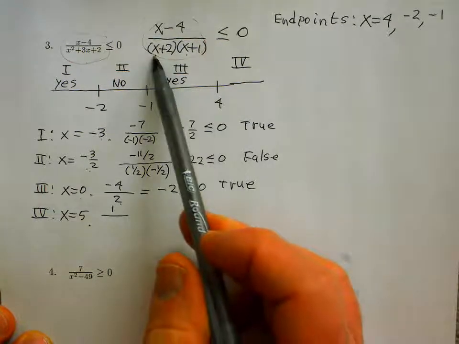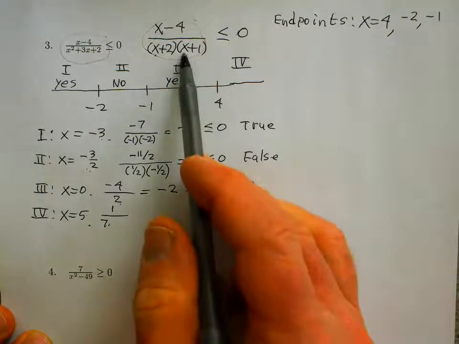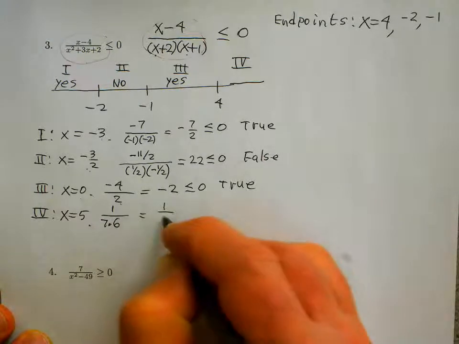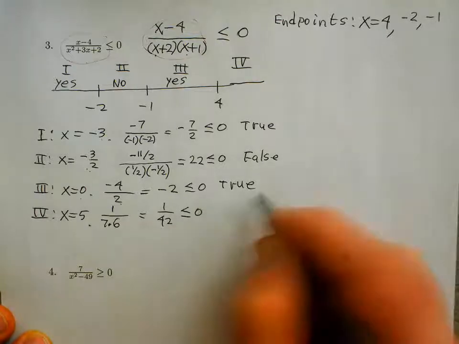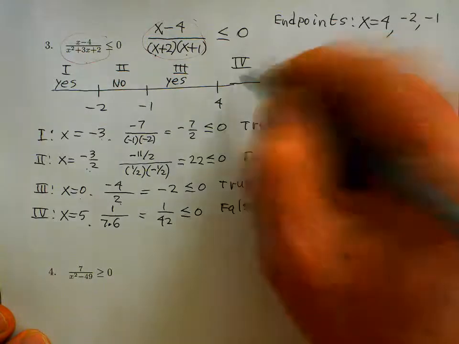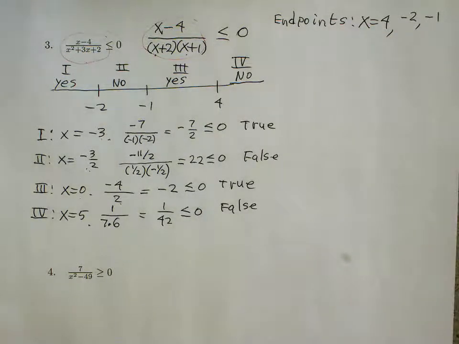In the denominator, 5 plus 2 is 7, multiplied by 5 plus 1 is 6. So we get a positive 1/42. The inequality is less than or equal to 0, and this is false. So none of the numbers from 4 to infinity are solutions. And what about the endpoints?